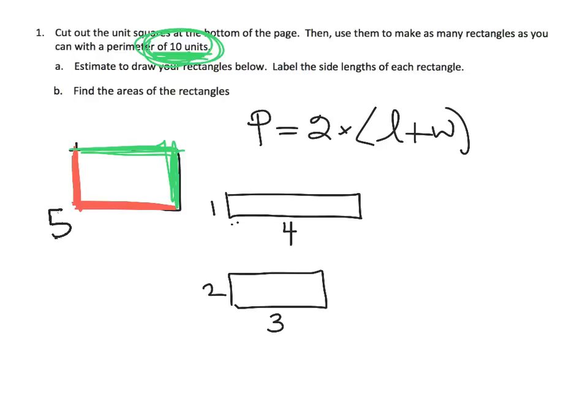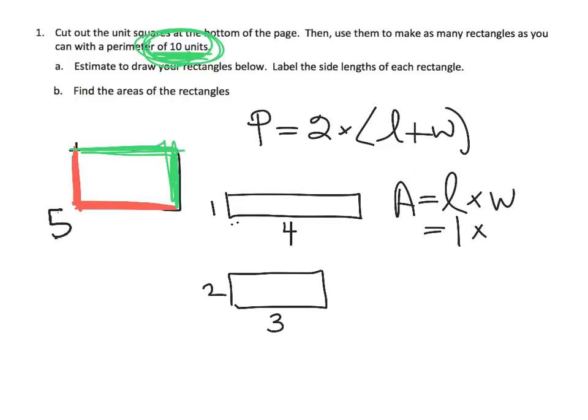What's another combination? Well, technically, we could do 3 and 2, but that's the same thing as this rectangle. So really, there's only 2 rectangles that have a perimeter of 10. You have 1 and 4, length and width, and then you have 2 and 3, length and width. We're supposed to find the area. Area is length times width.